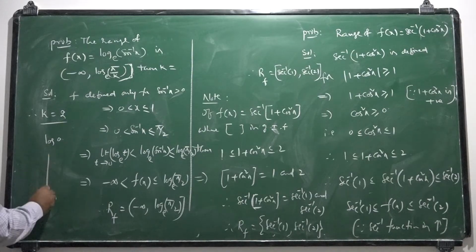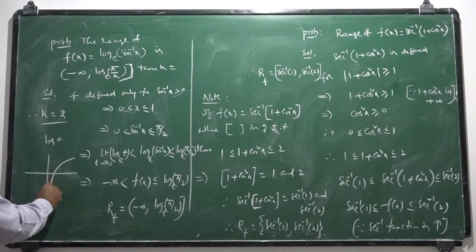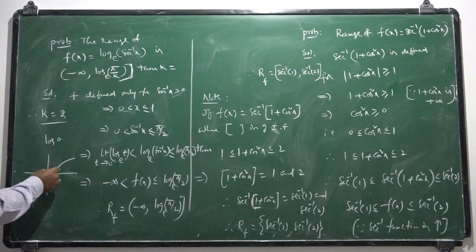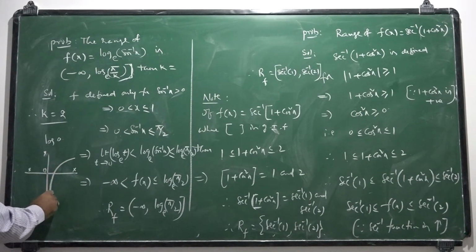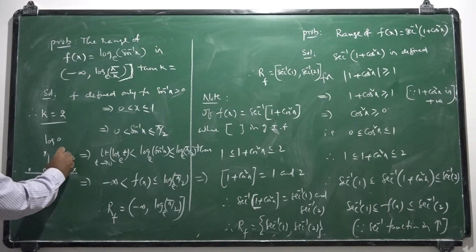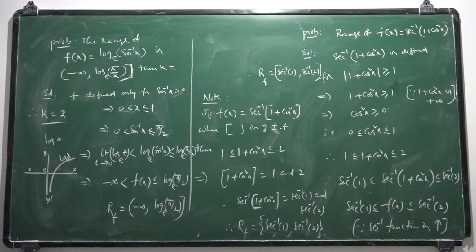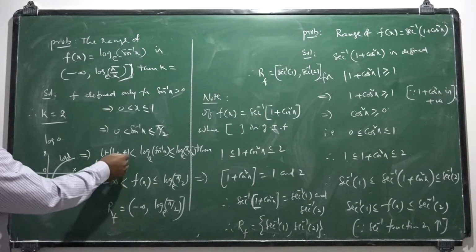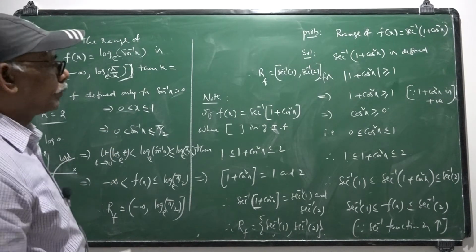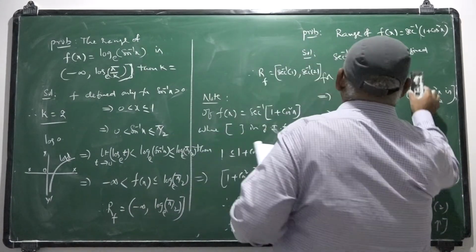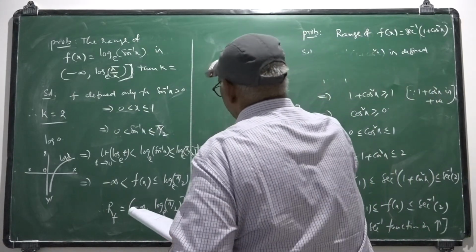Graphically, the log function is very close to the negative y-axis once x is nearing 0. This is the logarithmic nature of the log x function. Hence, this value is minus infinity. That point is more important here.